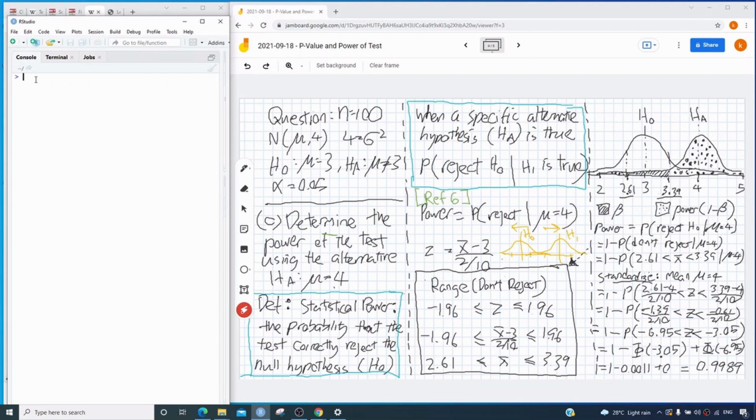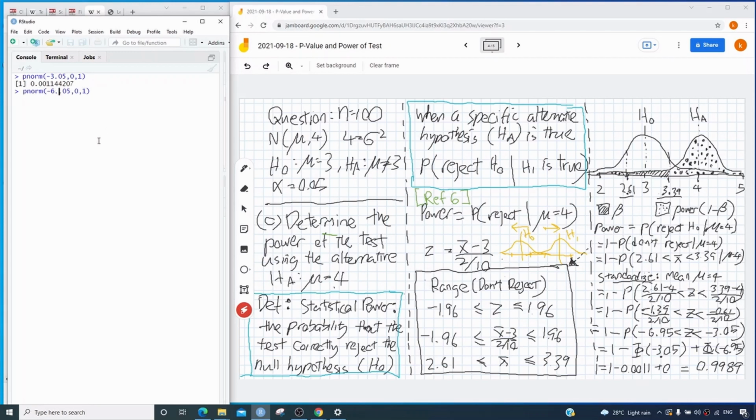We get the quantile of minus 3.05. So we will use pnorm minus 3.05, mean 0, standard deviation 1. It is 0.00114. Now we get the minus 6.95.